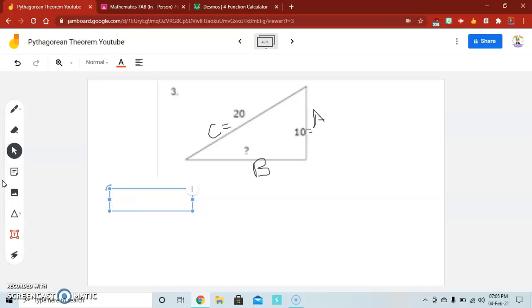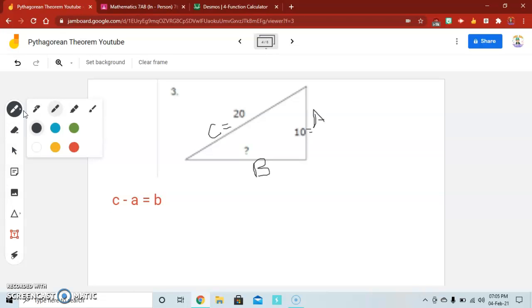So C squared minus A squared is equal to B squared. Remember, don't forget the little number 2's. You need them.